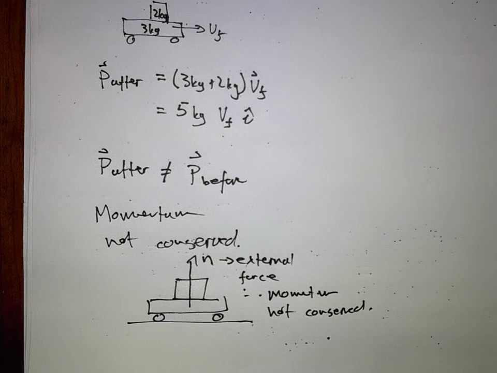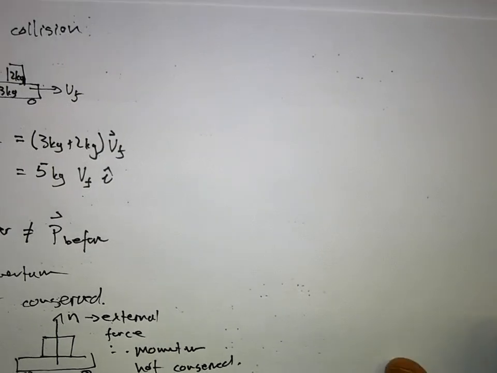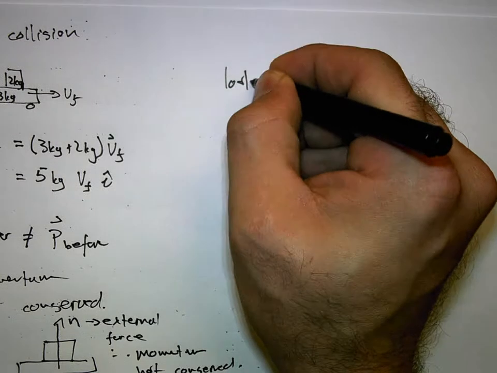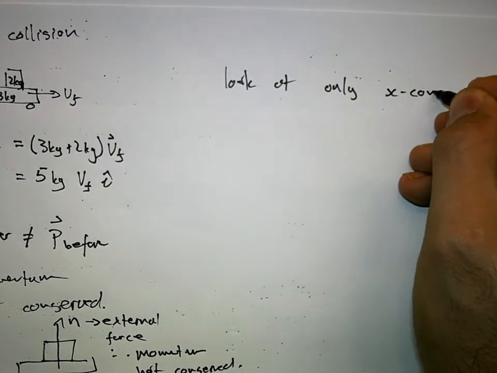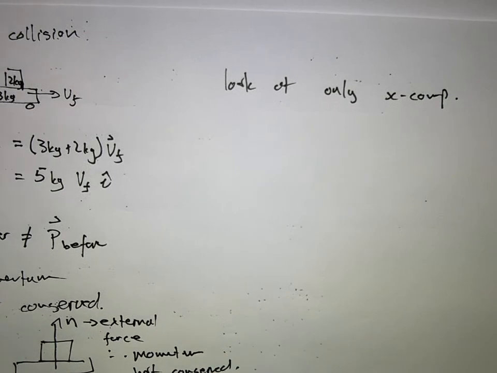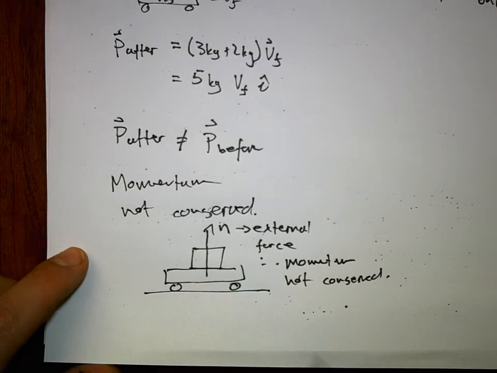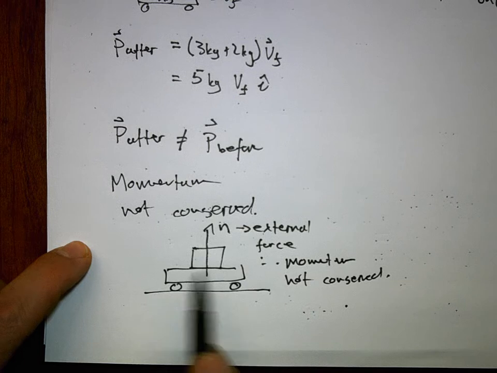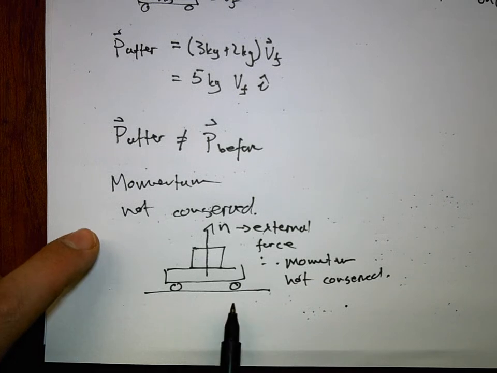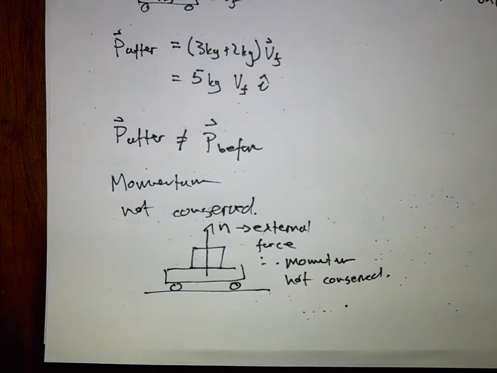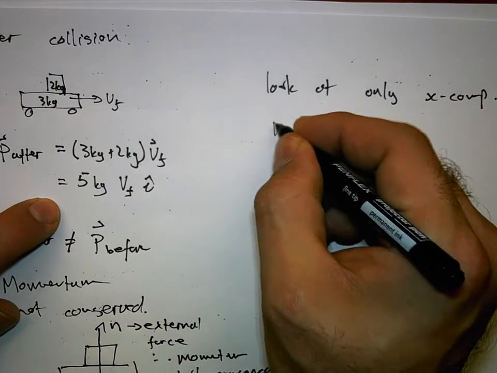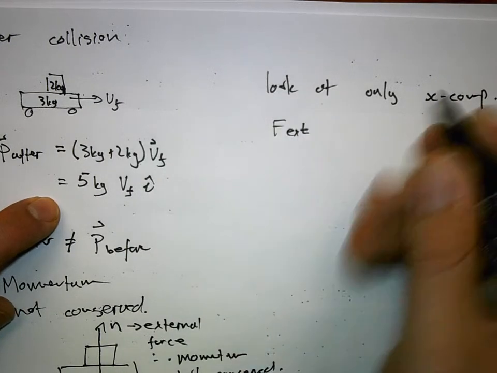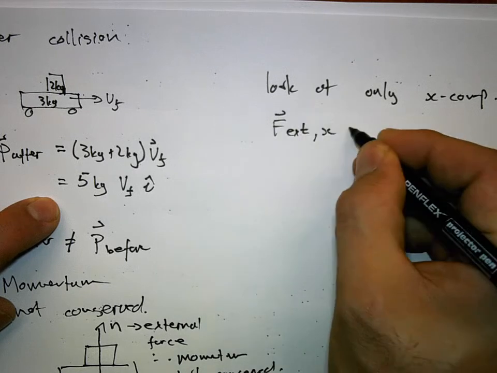However, if we look at only the x components, there's no force in the x direction ever. So there's no external force, or all the external forces have got 0 x components. So whatever our external force is, its x component is 0.